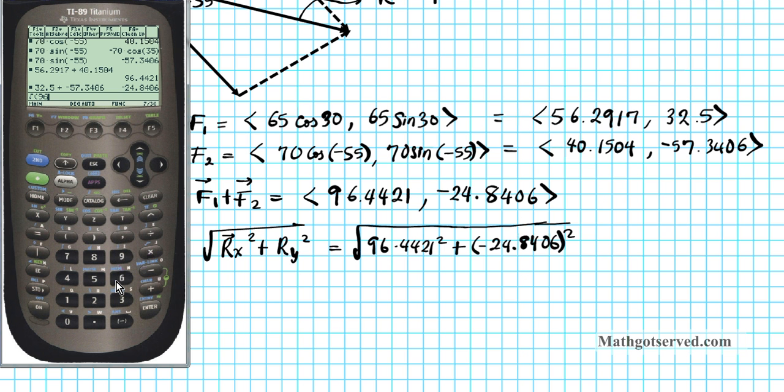Alright, so the magnitude of the resultant vector R is 99.5898 pounds.